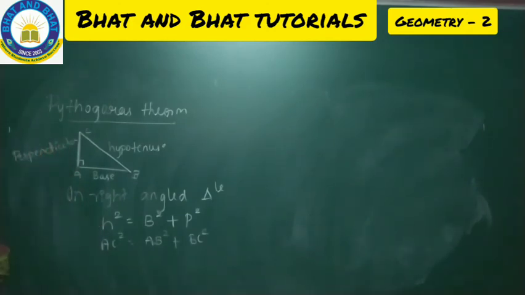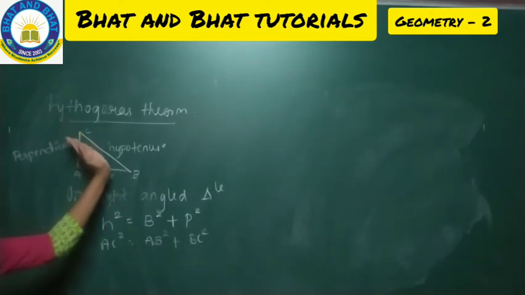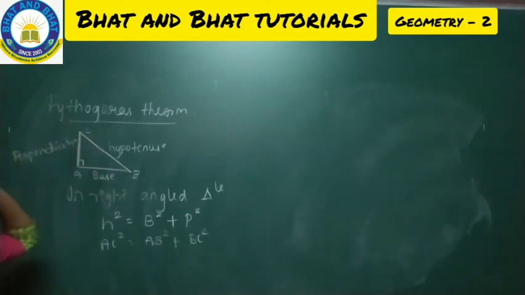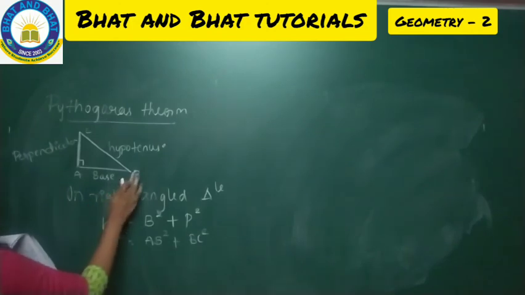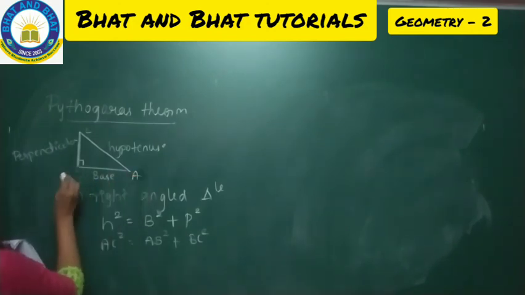So this is your hypotenuse AC square, base AB square, perpendicular BC square. This is how you have to start writing. Give this as A, B, and make a note.